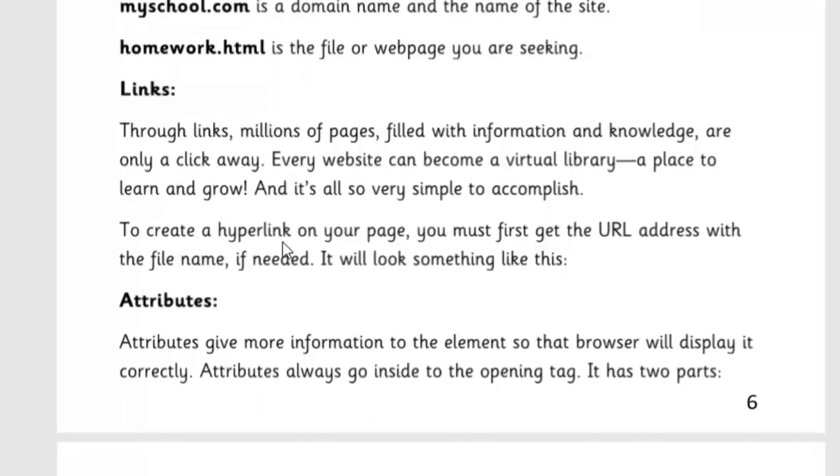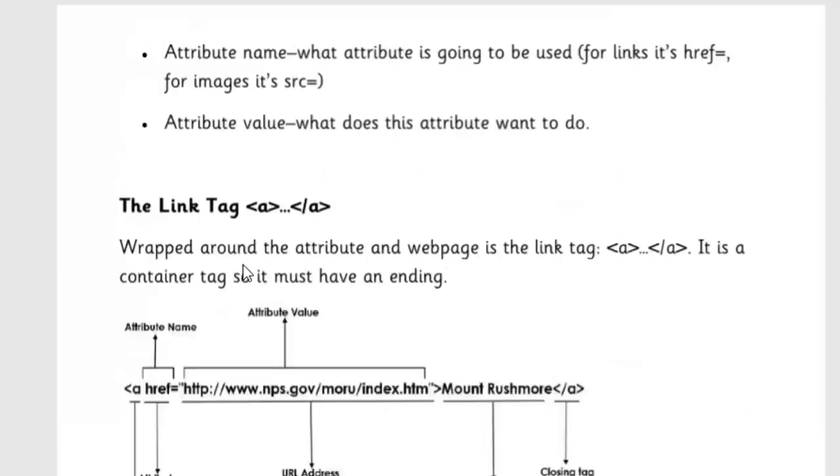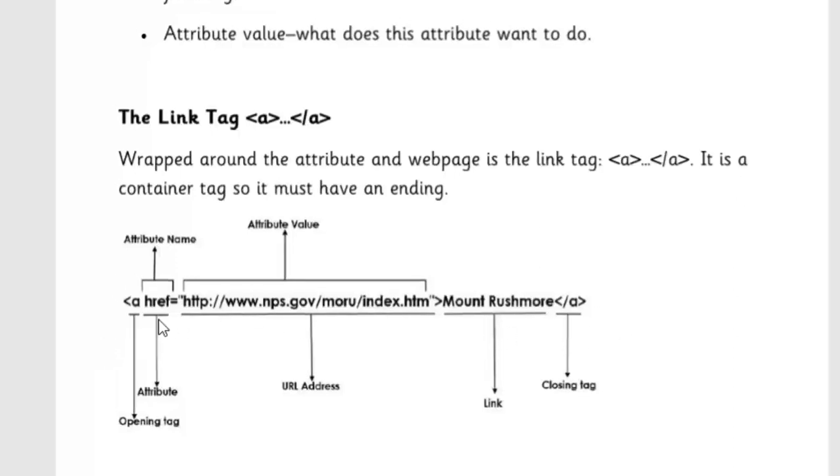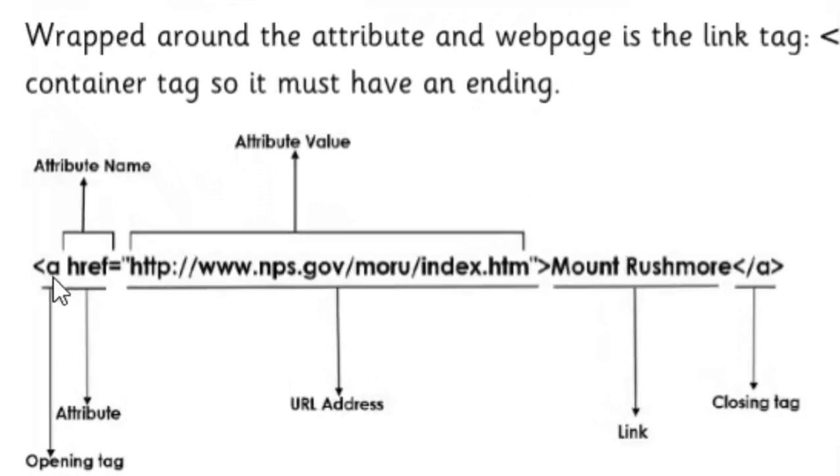To create a hyperlink on your page, you must first get the URL address and the file name. The tag to create links is simply A. Let's take a look at the full form of the tag. We open the tag, write A, and then href. href stands for Hyperlink Reference.